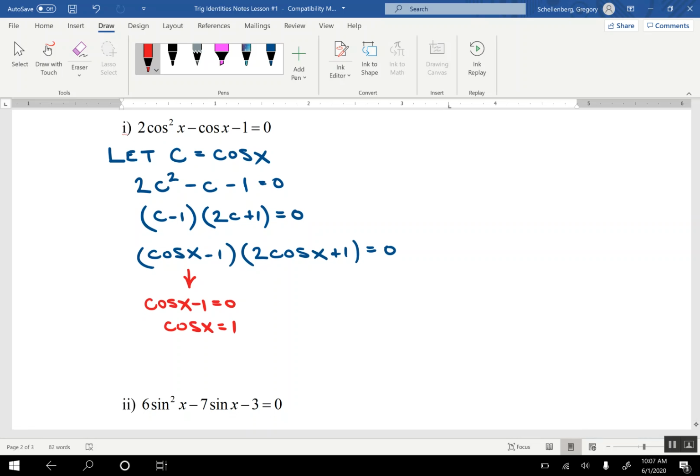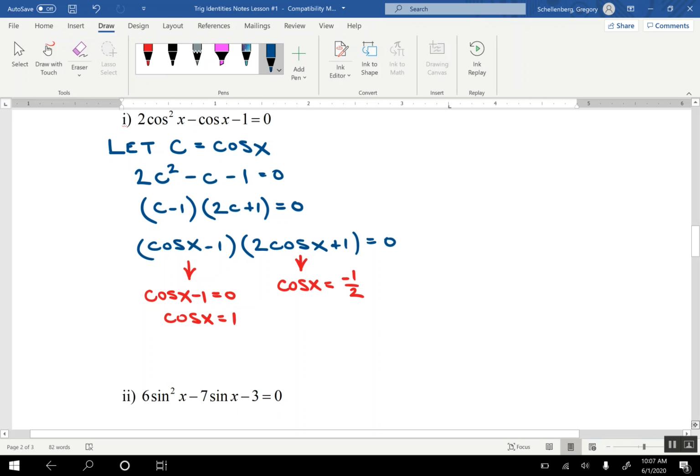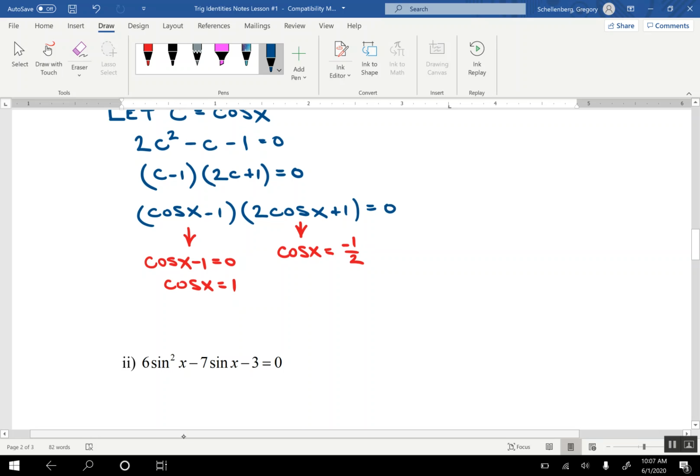We're looking for that. And I'll skip a step on the next one here. This is going to be, where is the cosine of x equal to negative 1/2? Okay, so we've got to solve each of these equations separately. The cosine of x is equal to 1.